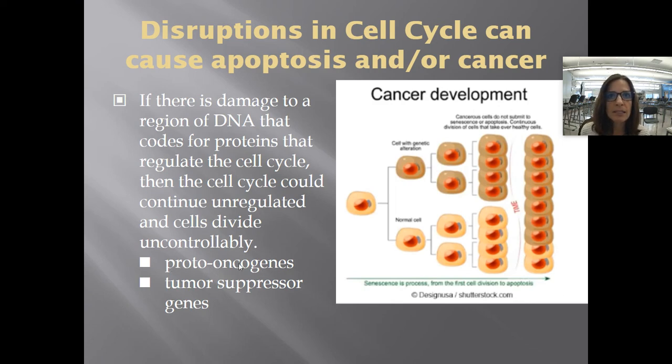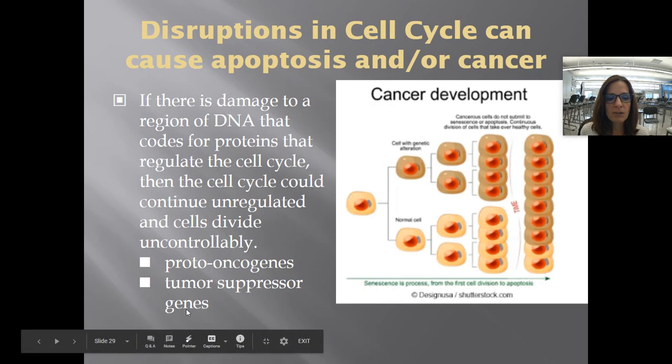And so proto-oncogenes keep the cell cycle going. So I think of them as like the gas pedal. And then tumor suppressor genes are another type of gene, that code for a protein that slows the cell cycle. So if you think of your car, you need a gas and you need brakes to keep it going at a set speed. So same thing.